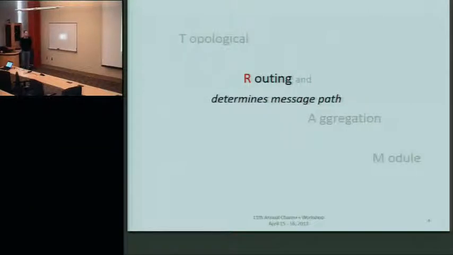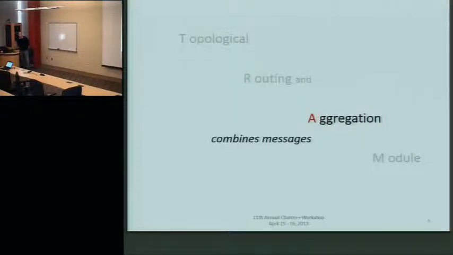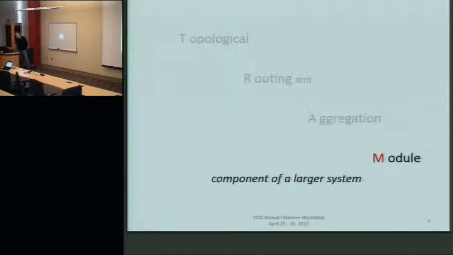Routing, of course, deals with determining the message path when sending messages over the network. Aggregation is the combining of messages, particularly fine-grained messages, into larger messages. And module just means it's a component of a larger system. In this case, the system is Charm++.